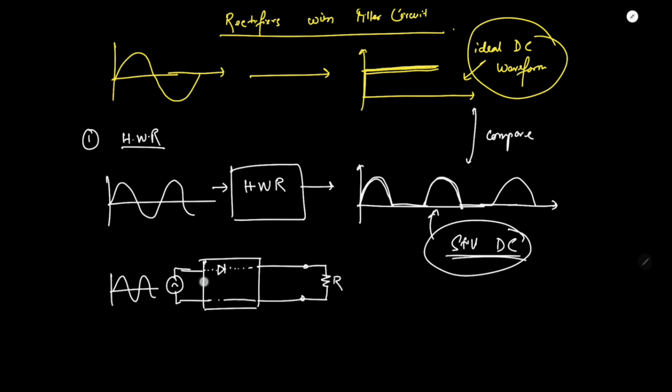So this whole thing I'm showing inside this box as the half wave rectifier. At the output terminals, what we can do is connect a capacitor, and this capacitor will act as a filter. Capacitor filter.